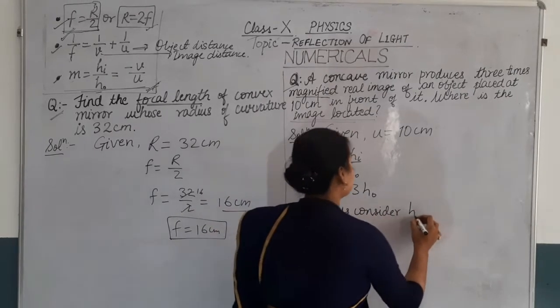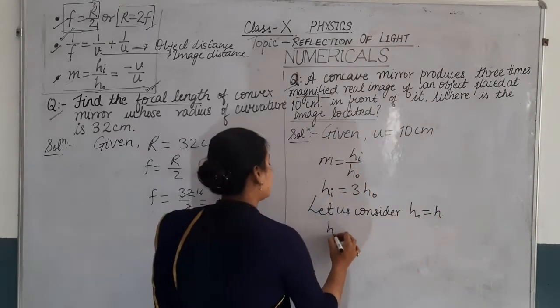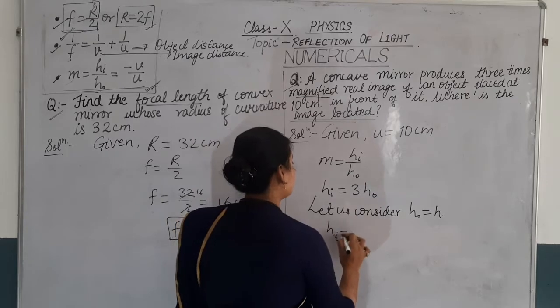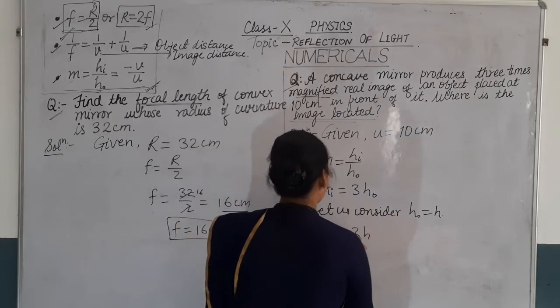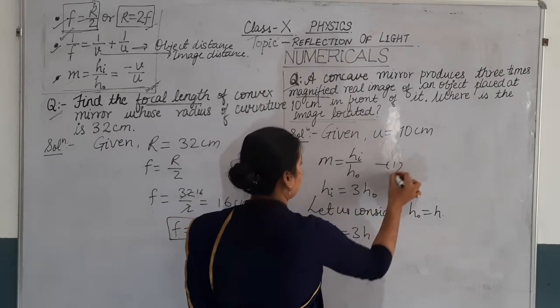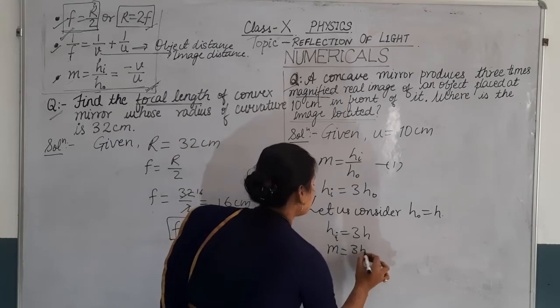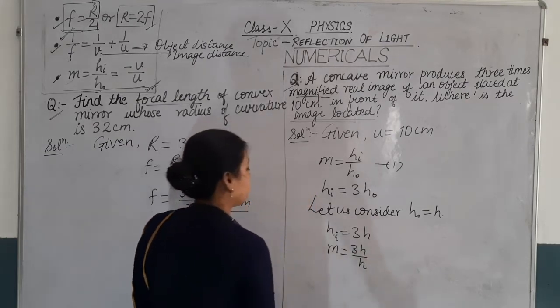Let us consider ho is equal to h. What we will get? We will get hi is equal to 3 times h. Now putting the value of hi and ho in this first relation, we get m is equal to 3h upon h.